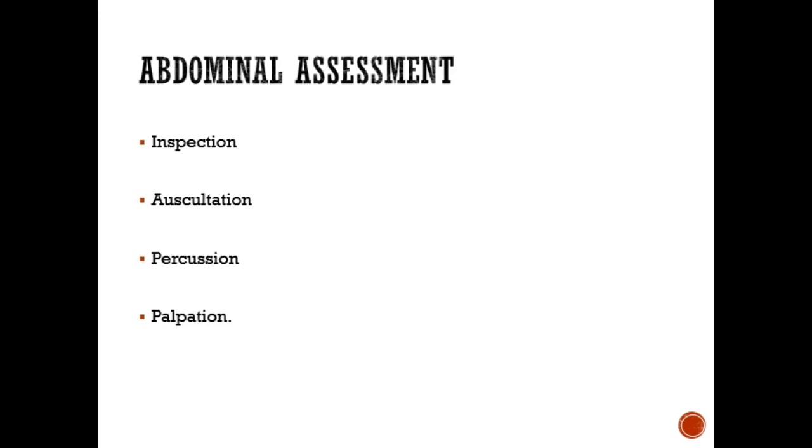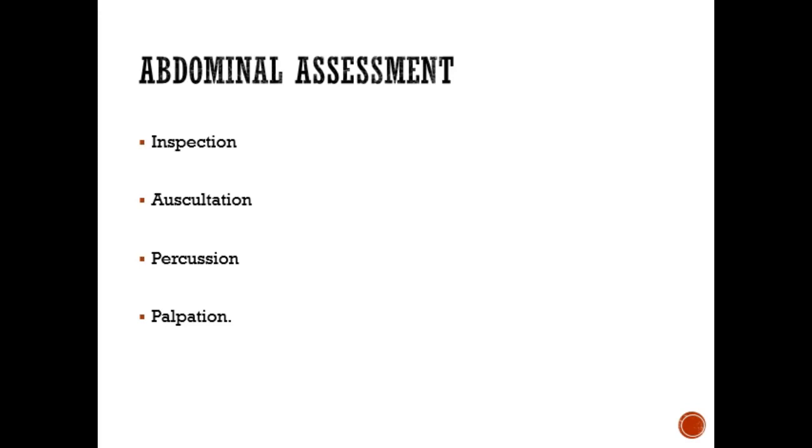When you're doing auscultation as part of your assessment, you're really looking for the presence of any abnormal sounds, what we would call hypoactive or hyperactive sounds. Hypoactive signifies a decrease in intestinal motility, and that can be caused by things like inflammation, paralytic ileus, which is a paralysis of the intestine, and peritonitis, which is an infection of the lining of the abdomen.